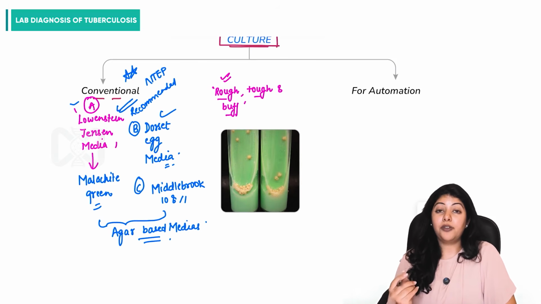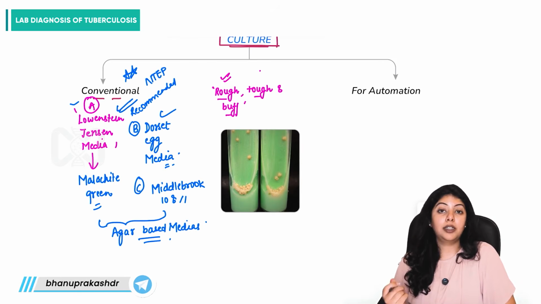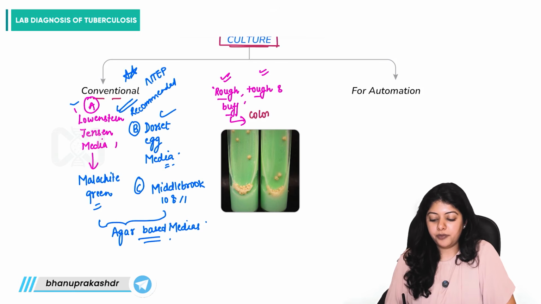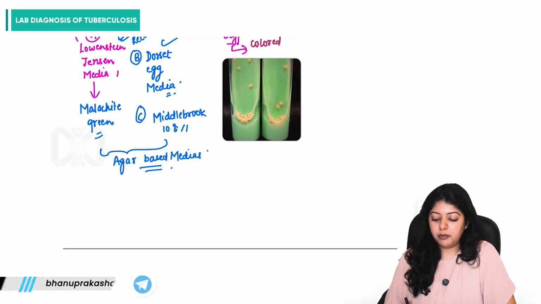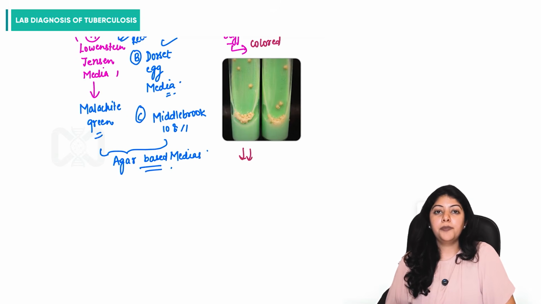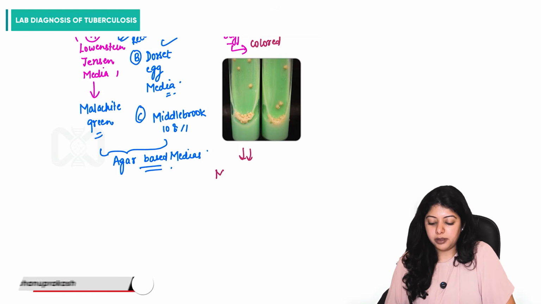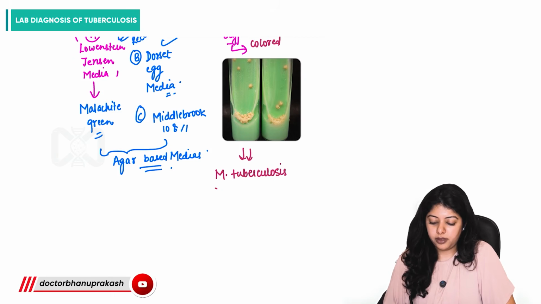These are rough in texture, tough to emulsify and break, and buff colored. So this is the typical picture for the colonies of Mycobacterium tuberculosis: rough, tough, buff.